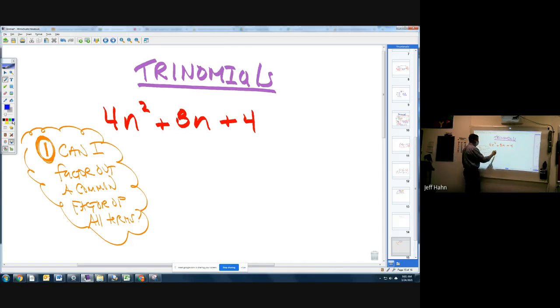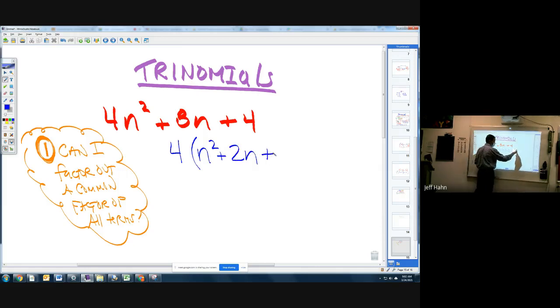If I take a 4 out, I am left with an n squared; 4 times 2n gives me the 8n, and 4 times 1 gives me the 4. If I take a 4 out of all three of those terms, you end up with that.